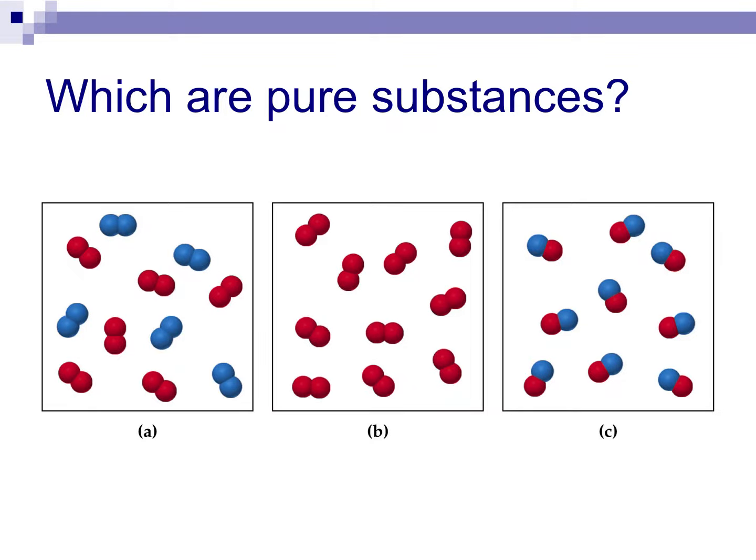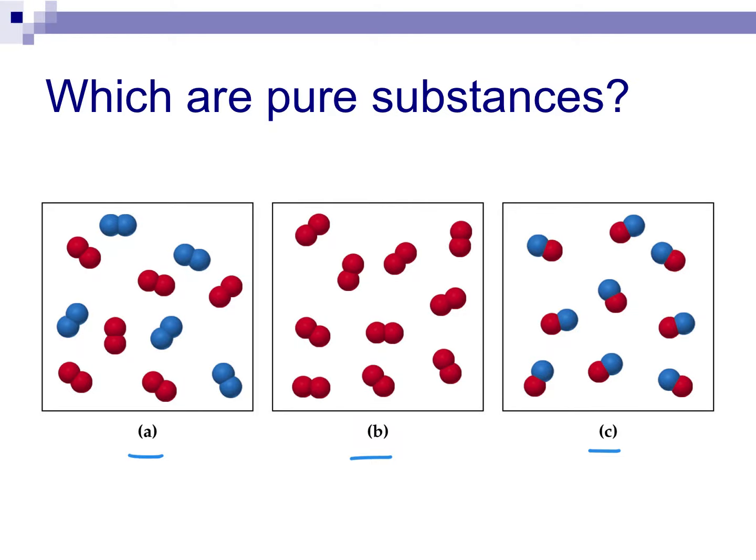Okay, look at these. Let's talk about what we see in each of these particle models. We have substance A, substance B, and substance C. Which of these boxes represents pure substances, and which of them represent a mixture?